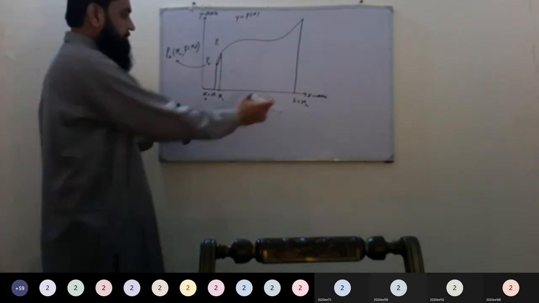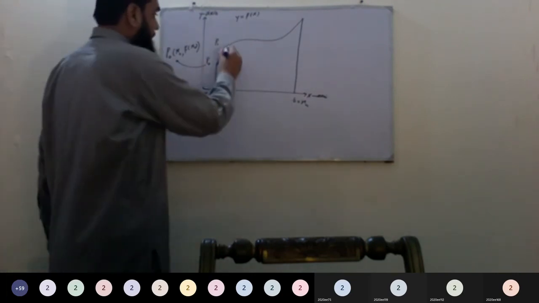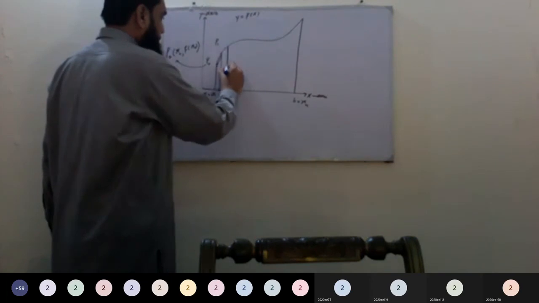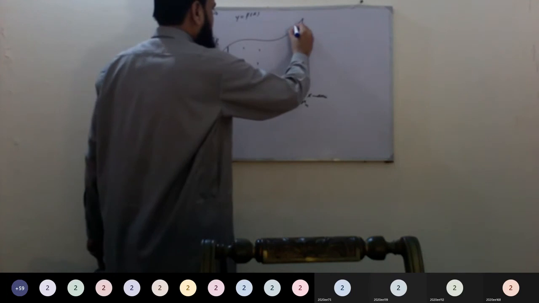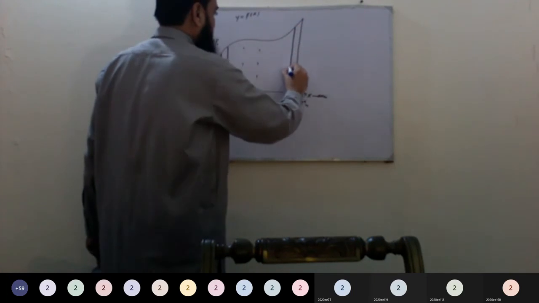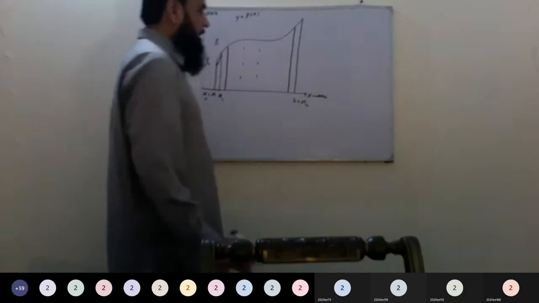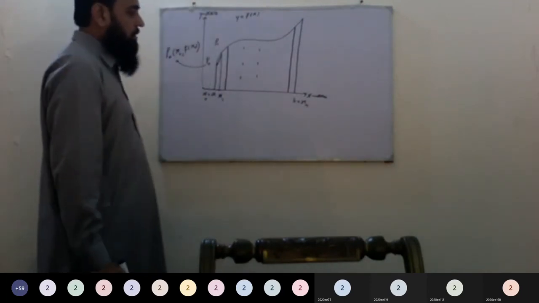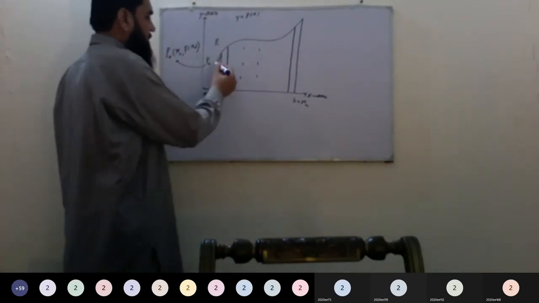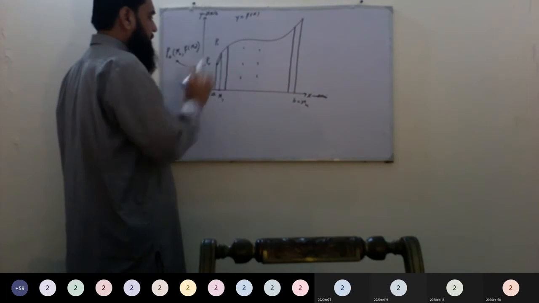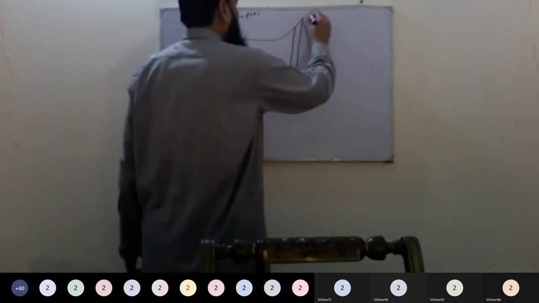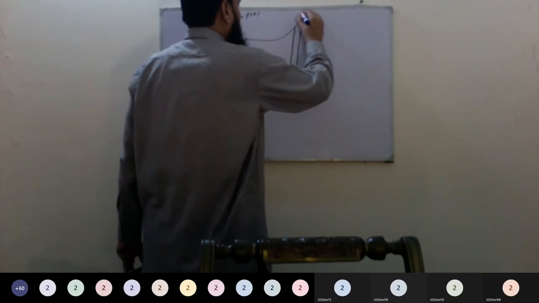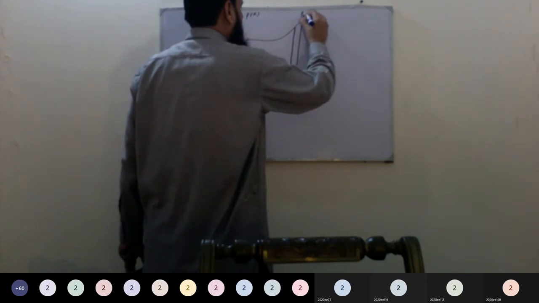Once you subdivide into finitely many subintervals, against each subinterval we will form an arc, a piece of the arc, because the complete arc is there from A to B. So that would be Pn.